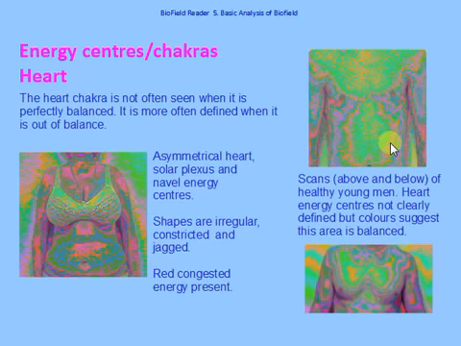If we come over to the right, there's two young men. We can't clearly see a well-defined heart energy centre, but the colours and patterns suggest that the areas are balanced. Sometimes you can see lovely green or yellow or orange in the heart energy centre when it's balanced.